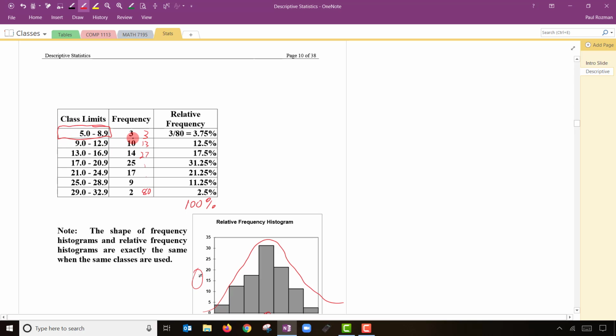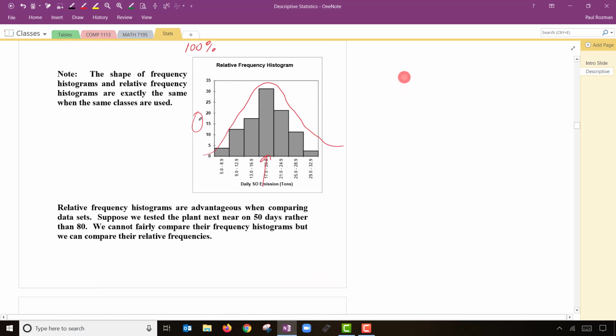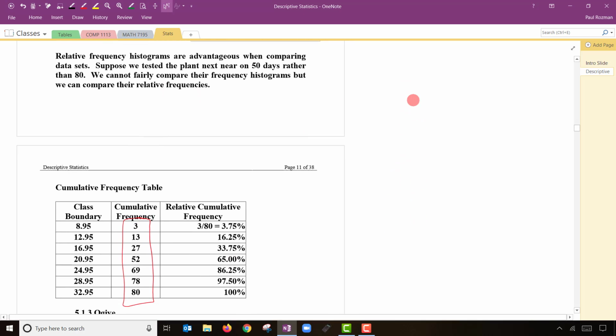We had 3 values between 5 and 8.9. So I know that 3 values are smaller than or equal to 8.9. To make sure that I don't ever have to worry about less than or equal to, the tie situations, I basically went to a class boundary.